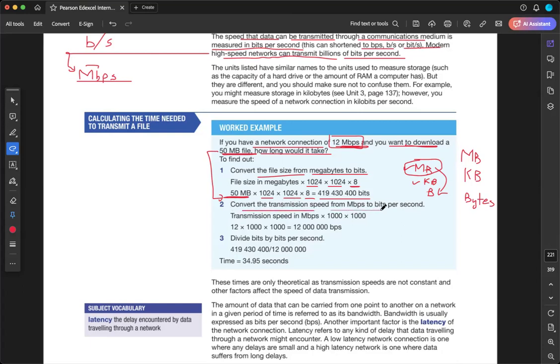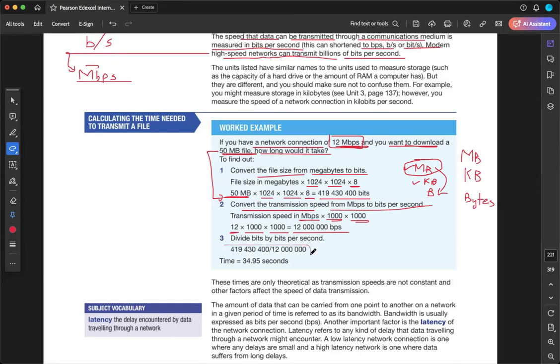Convert the transmission from megabits to bits per second. Now you have Mbps. So again, 1000 for megabyte, 1000 for kilobyte, and then you convert 12 into 1000 into 1000 and you will get this value. Then you need to divide the previously calculated value by 12 million bits per second.